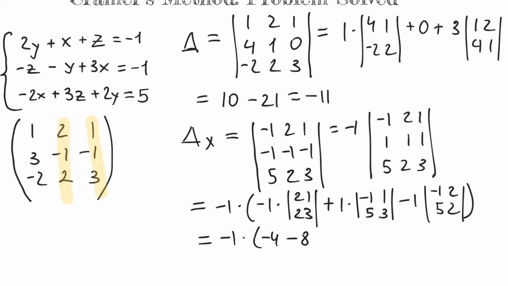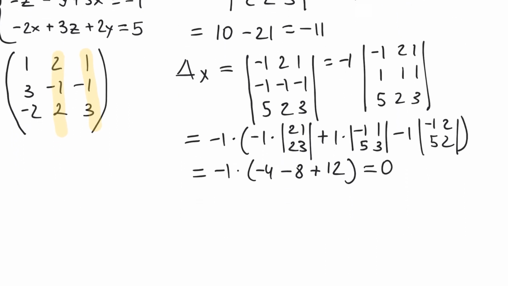However, it's multiplied by -1, so that's just plus 12. So it's positive. So -12 plus 12 is 0. And there we have it. So do not freak out. In this case, we can have a 0 in the determinant, so that just means that our x is going to be 0. Now let's calculate the determinant for y.